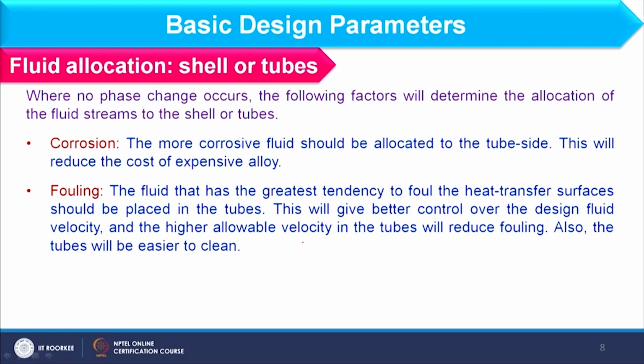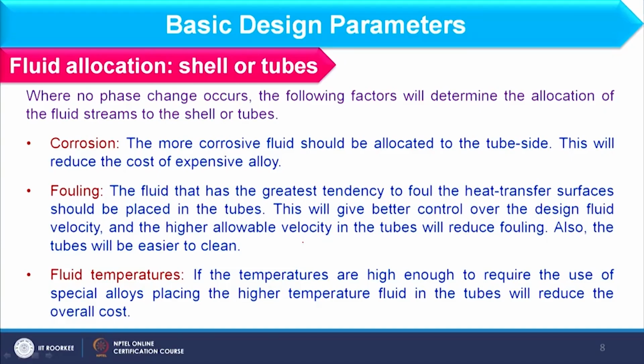The point is, high fouling fluid should be allocated to tube side, because in tube side you can consider more velocity there. When you increase the velocity, it will take the scaled material with it, which we also call erosion, but erosion of the metal should not occur, erosion of scaled material should occur. That we can control by increasing the velocity in tube side.